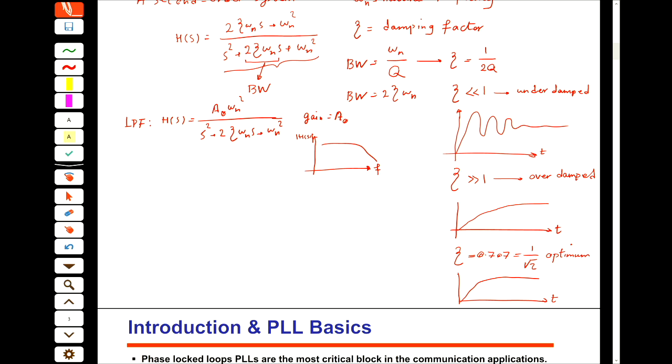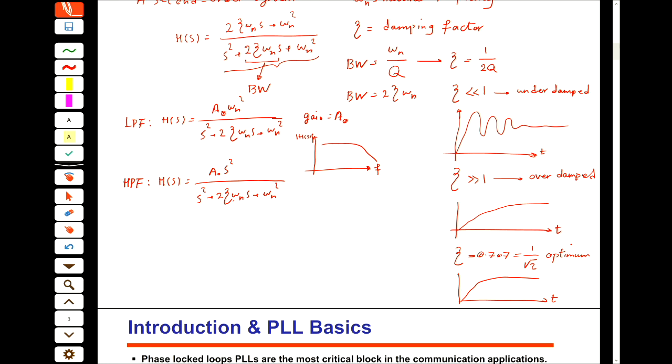And then the transfer function for a high pass filter is again A naught s squared divided by s squared plus 2 zeta omega n s plus omega n squared.